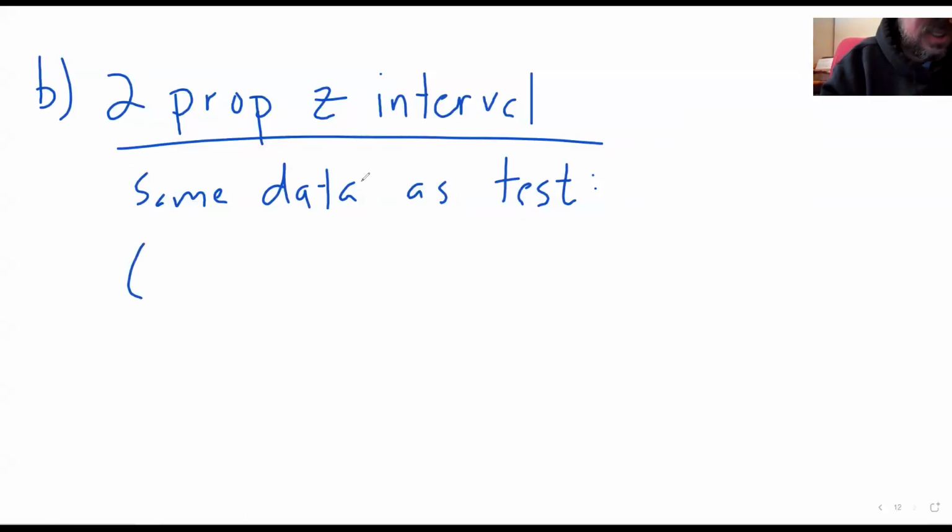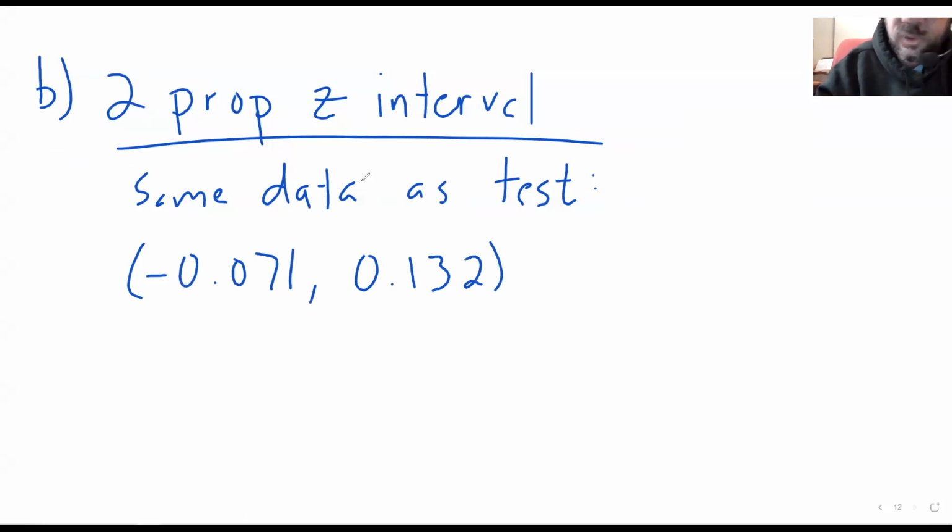We get negative 0.071 up to 0.132 as our confidence interval. So let's interpret our interval as we should.